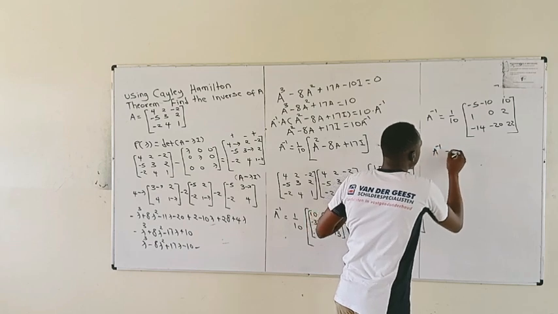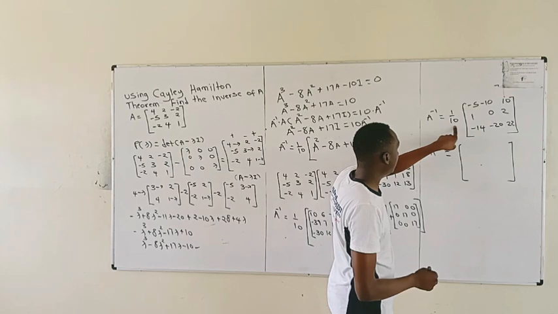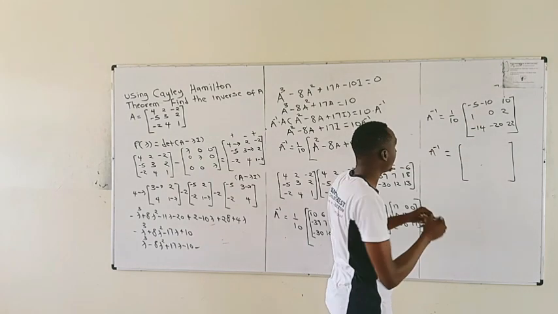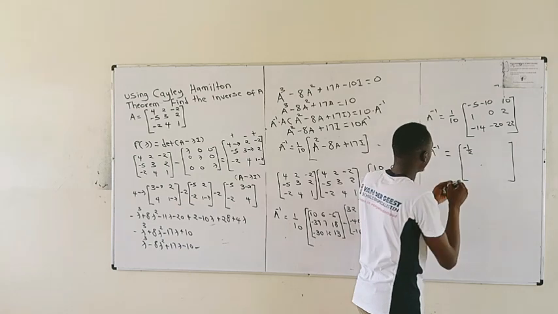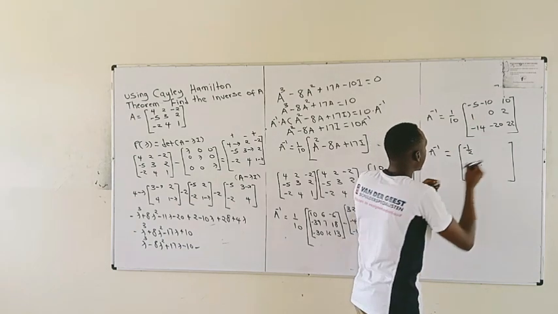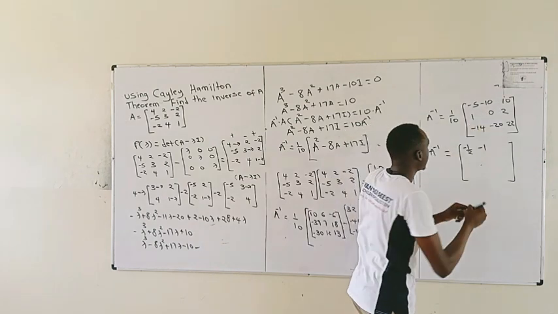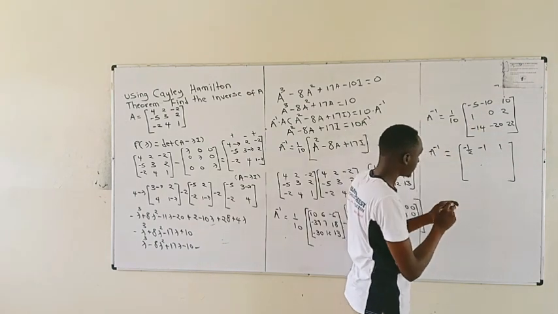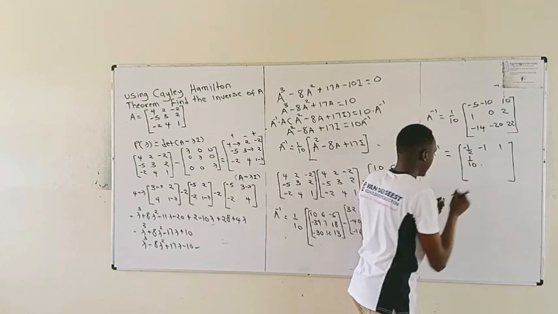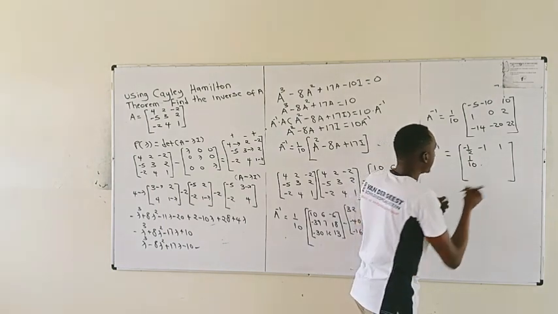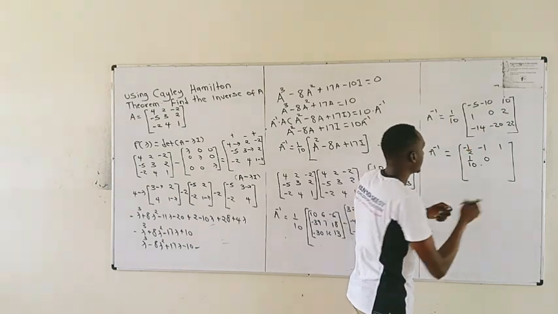A inverse is now equal to 1 over 10 times minus 5, which is minus half. 1 over 10 times minus 10 is minus 1. 1 over 10 times 10 is 1. Then 1 over 10 times 1 is 1 over 10. 1 over 10 times 0 is 0. 1 over 10 times 2 is 1 over 5.